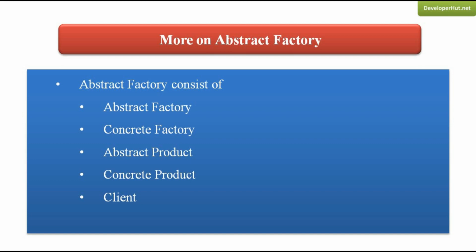And last is nothing but the client. So whenever you think of the abstract factory design pattern, you should consider all these five things. What should be my abstract factory, what should be the concrete implementation of this abstract factory class, what should be the abstract product, what should be the concrete implementation, and who will be using this abstract factory and the abstract product classes?